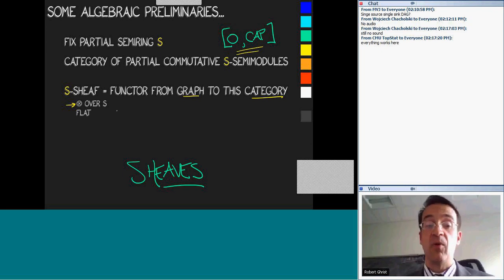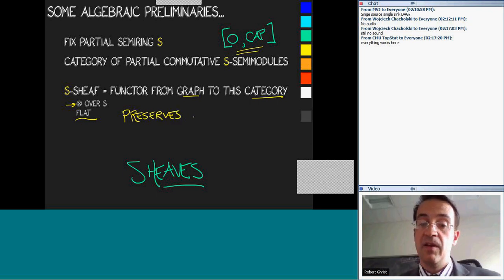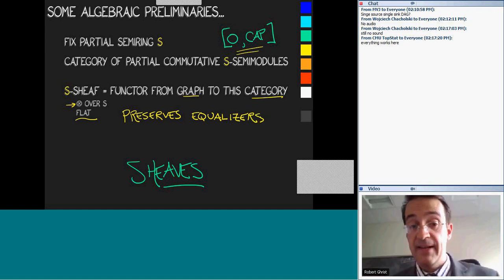Whenever I write that tensor product, it is going to be a tensor product over the semiring S. And from time to time, we assume that the semimodule that you're working with is flat, which means that it preserves equalizers. I'm not always going to be careful about saying when I assume flatness and when I don't, because I've got a finite amount of room on screen and in my head. You're going to want to see Sanjeevi's paper to get the full details.